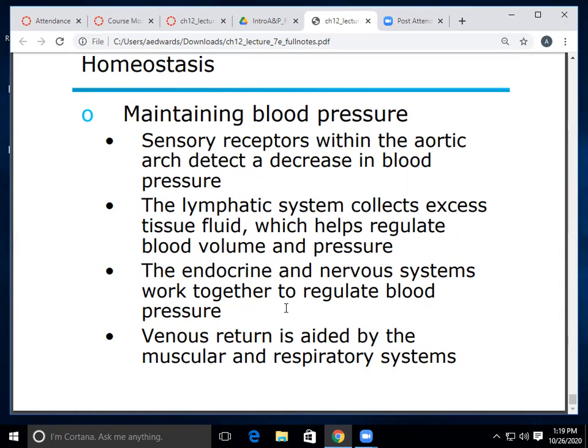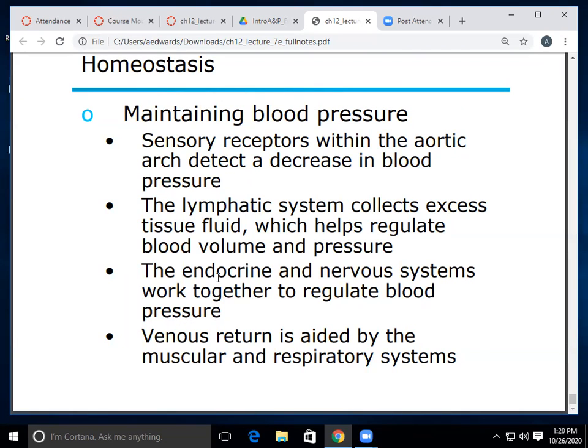And with your other veins, in your systemic circulation, remember they don't have a lot of smooth muscle in them, right? Compared to arteries. And the skeletal muscles around them, when you move your body, you're actually squeezing those veins. And that helps move blood up to the next valve in your veins so that you move blood back to your heart.